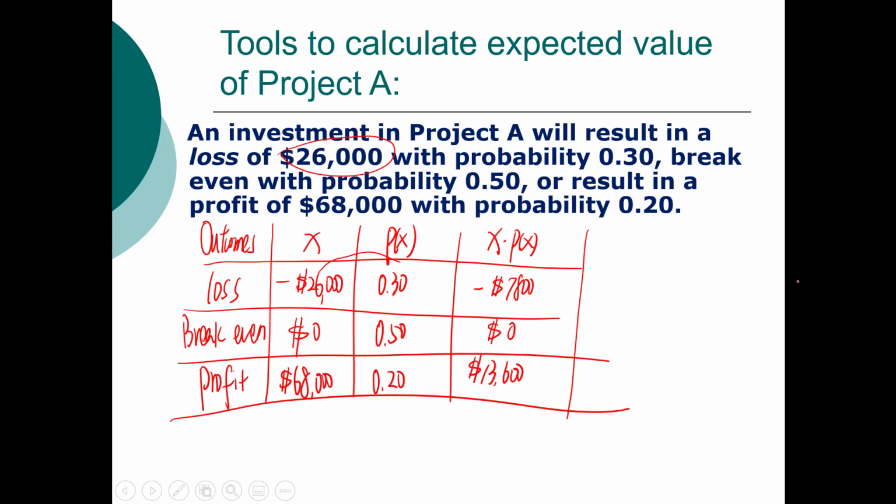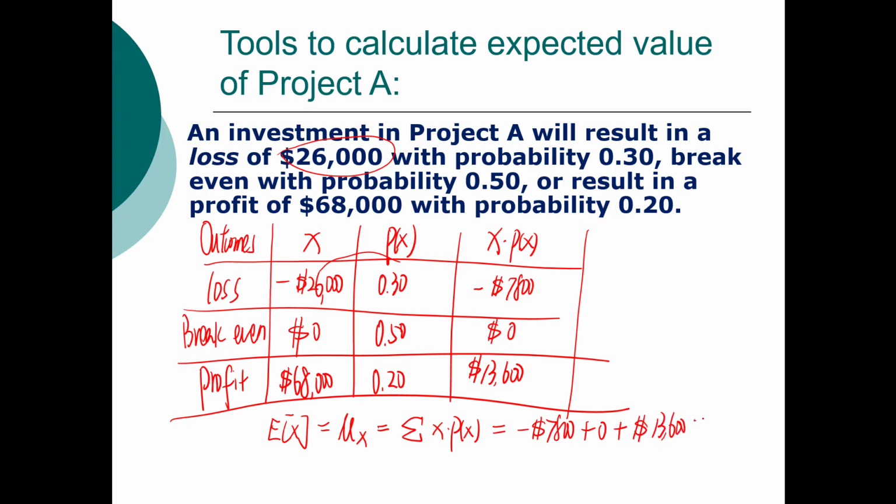So here the expected value is the average return of all outcomes, which is the summation of x times p of x. Right. So we sum up all of this. We get negative 7,800, adding $0, adding 13,600. Yes, okay, and then we combine the result. So we end up with 13,600 minus 7,800.